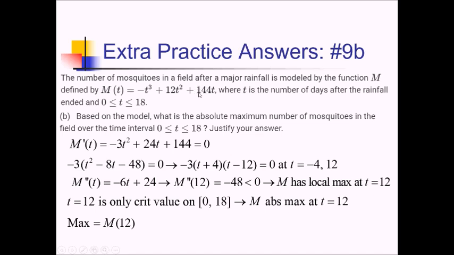So that's going to be 1,440 plus 288, which comes out to 1,728. So we've got negative 1728 plus 1728 plus another 1728. Well, these first two conveniently cancel, leaving us with just 1,728 mosquitoes.